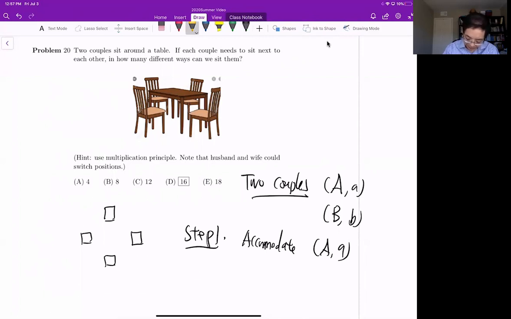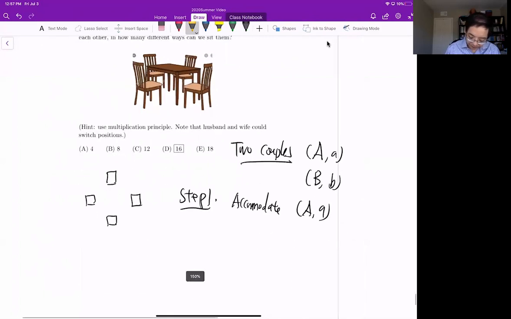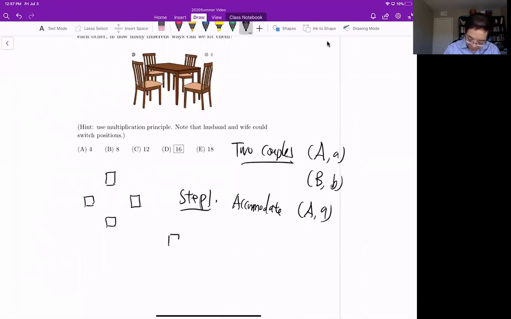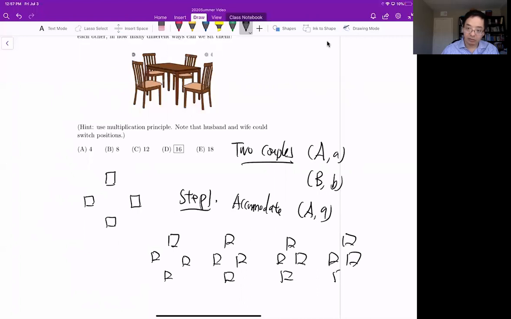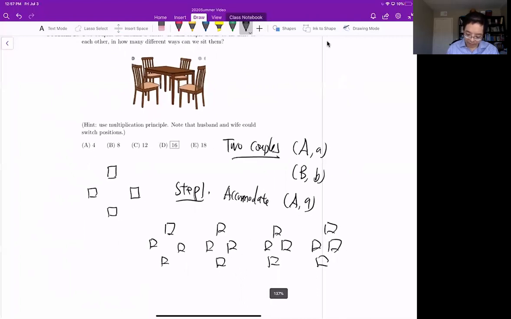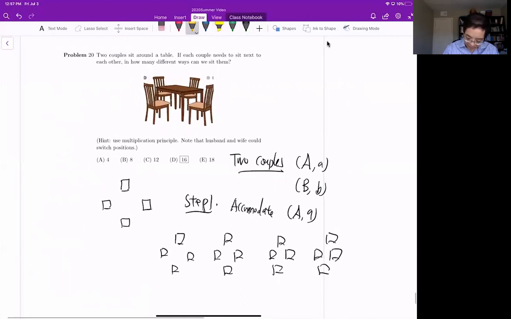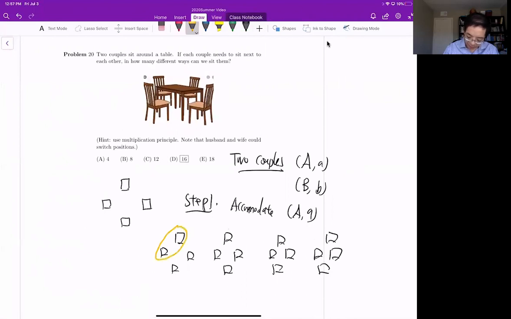The couple can occupy this pair of positions, or this pair, and so on.